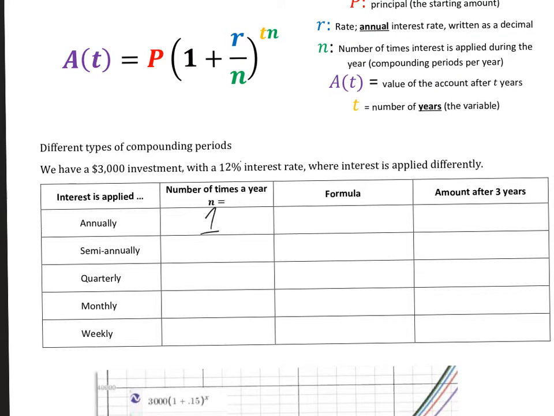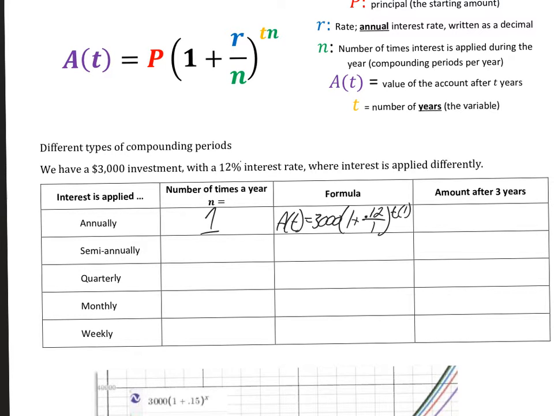My formula is going to be A of T equals 3,000 times (1 plus 0.12 divided by 1) to the t times 1.